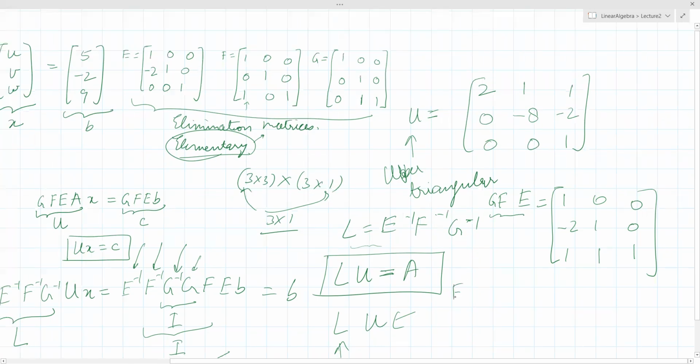What is E inverse going to be? First, what does E do? E subtracts a multiple of the first row from the second row. What should E inverse do? It should add a multiple of the first row to the second row. Isn't it? Yes, sir.